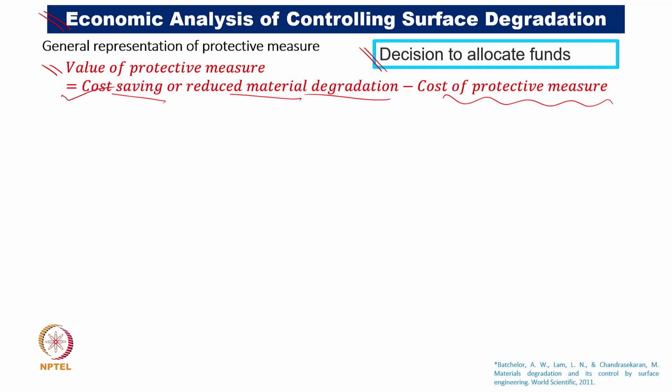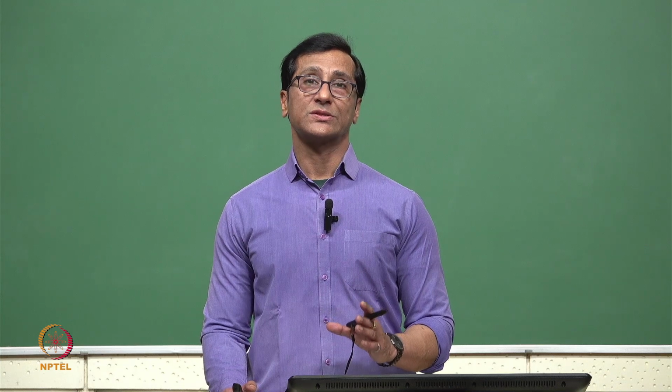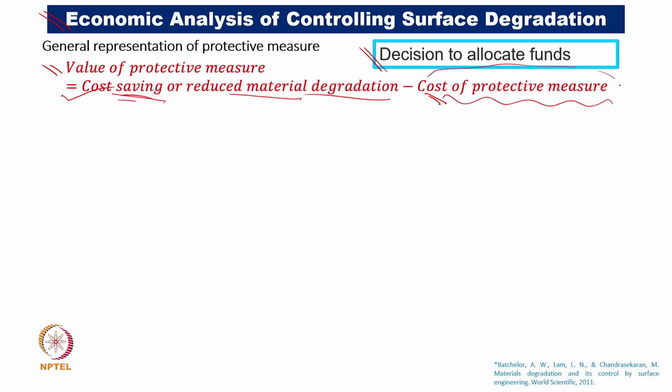Now, whatever benefit we are going to get by saving cost or reducing material degradation, we need to account for the equivalent cost of that, and then the expenditure, because we are going to purchase some sensors, hire some person, keep some hard disk drive, and continuously monitor. So there will be costs of those protective measures, and we need to see the advantages also. So that will give you the value of the protective measures.